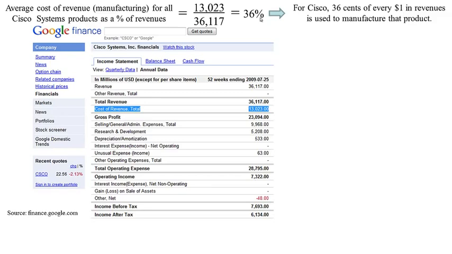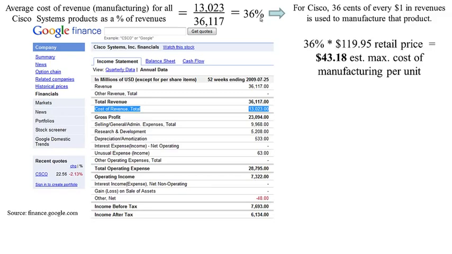So in that way, it gives us some metric to recognize, well, what they are able to charge, a percentage of that is being used to cover their production cost. And here, with a $120 retail price and a 36% cost of goods sold or manufacturing price, we could estimate a $43 maximum cost for the manufacturing per unit.